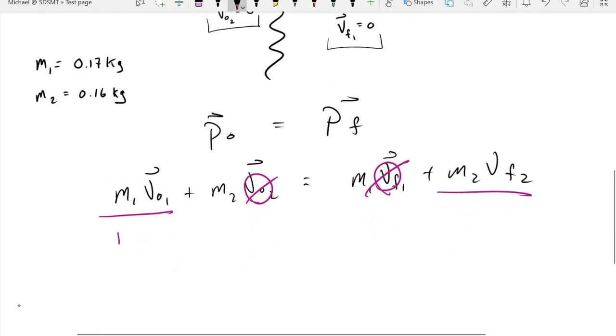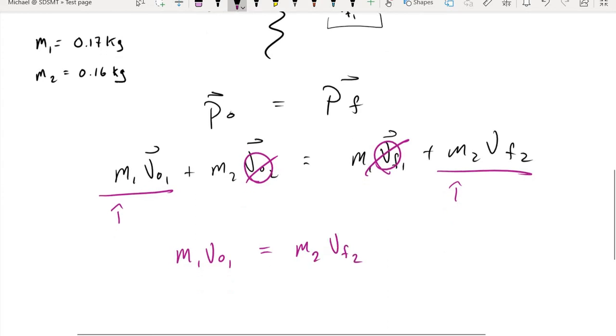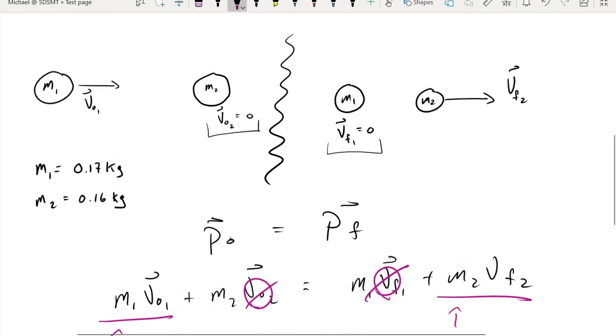Well, if the mass of the cue ball is slightly larger than the mass of the 8 ball, then the only way to maintain a numerical equality is that the final velocity of the 8 ball is going to have to be larger than the initial velocity of the cue ball. And we can do this just by plugging in some numbers.